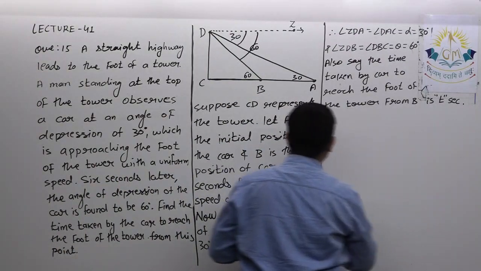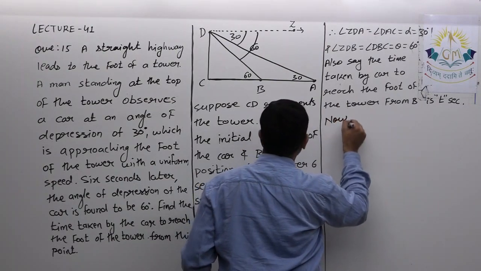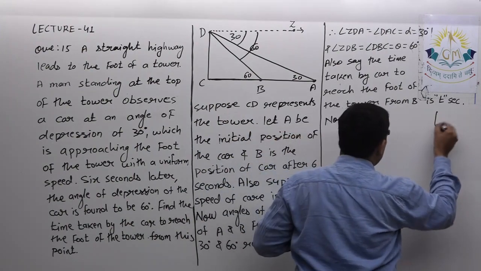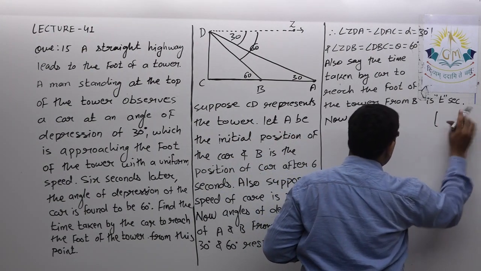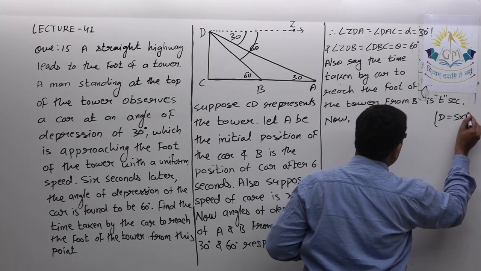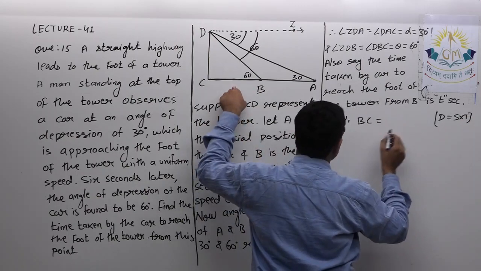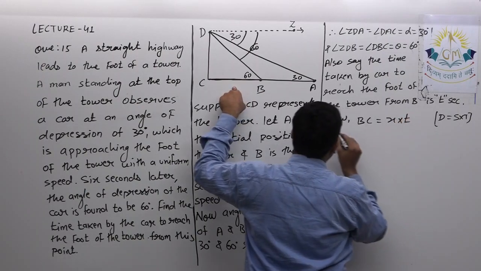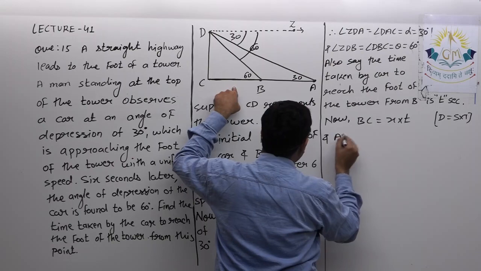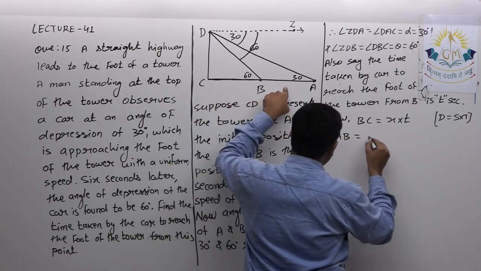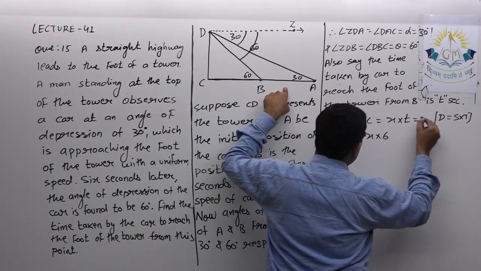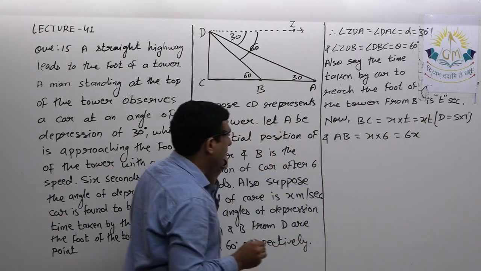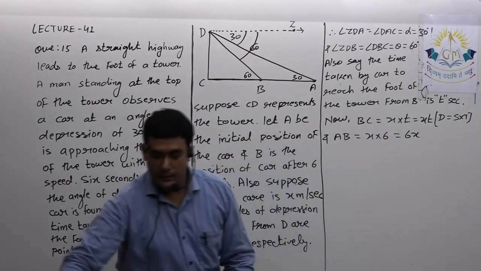So BC is equal to speed x and time t, that is xt, and AB is equal to 6x. So we got the lengths BC and AB in terms of x and t.